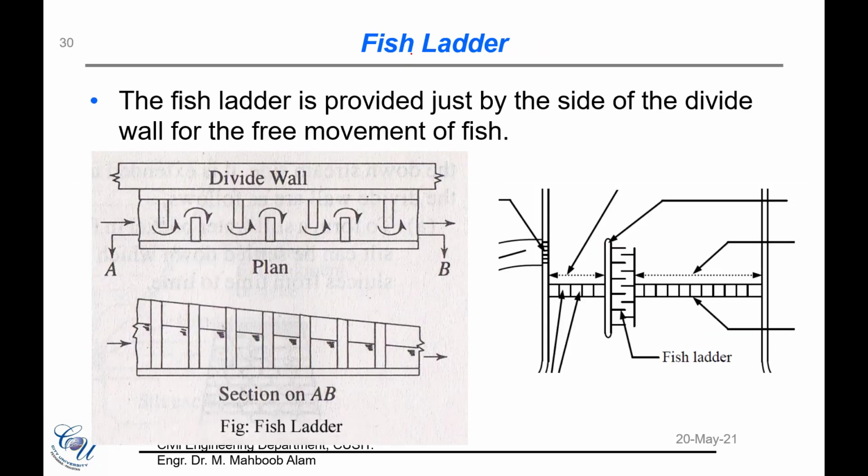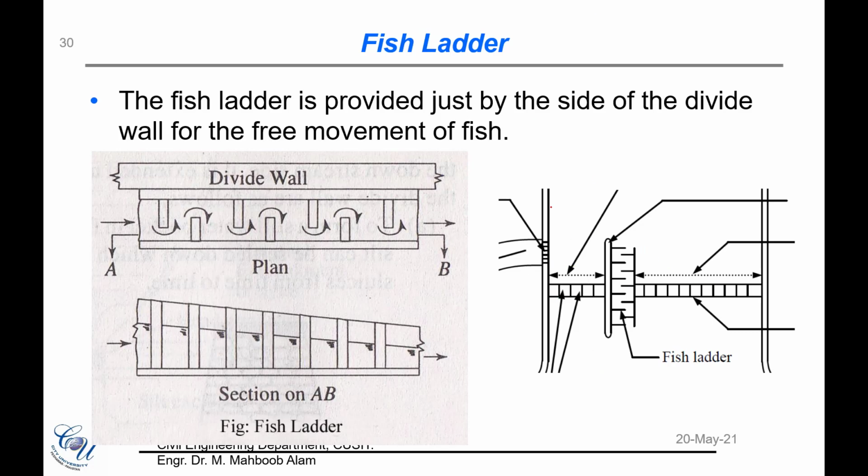Another important structure is the fish ladder. Fish ladders are installed either on the side of the diversion headwork or right in the middle of the diversion headwork. The purpose is that we provide a way for the fish to move from the upstream to the downstream side.